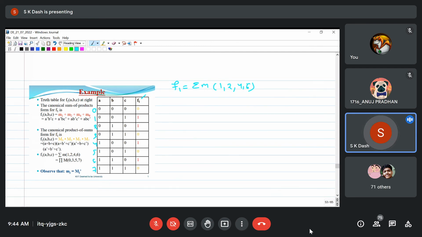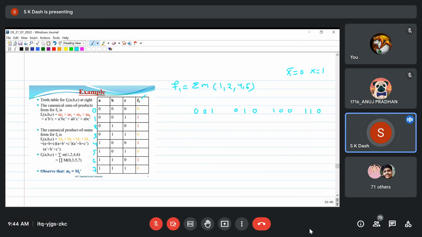Now, it is in the standard SOP form. When we are dealing with SOP form, we know that x bar is 0, x is 1. So 1 means 0, 0, 1. 2 means 0, 1, 0. 4 means 1, 0, 0. 6 means 1, 1, 0.